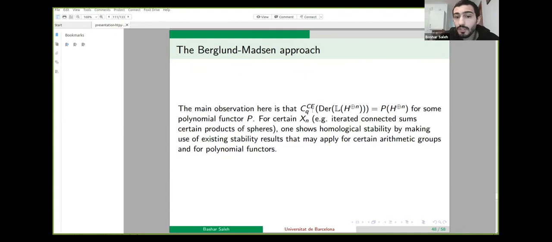And the main observation is that this thing is a polynomial functor applied to H tensor, the direct sum of H with itself n times.